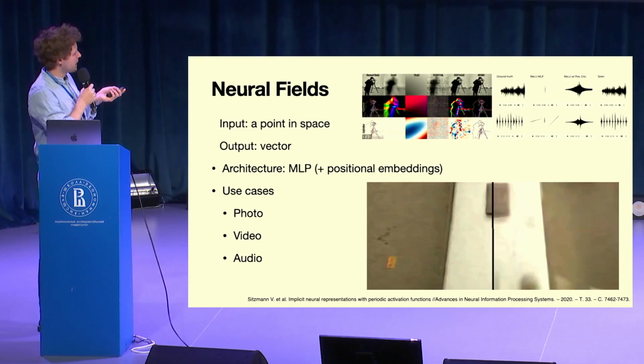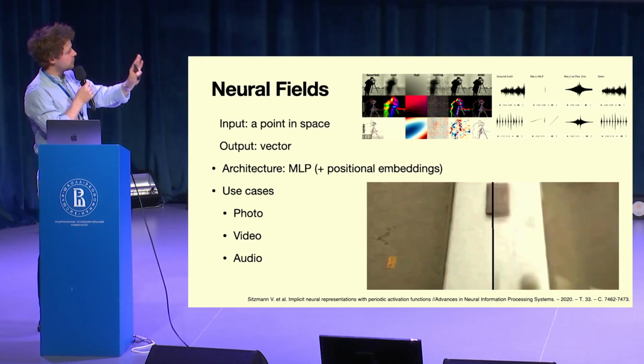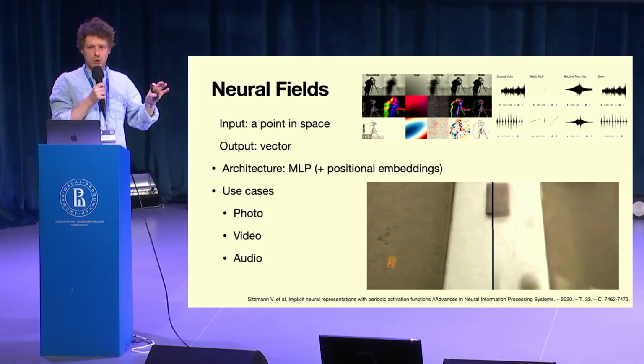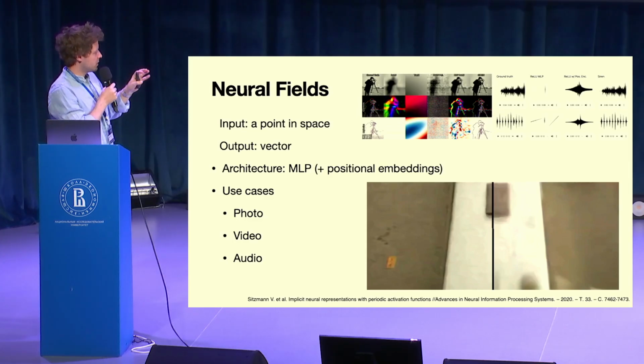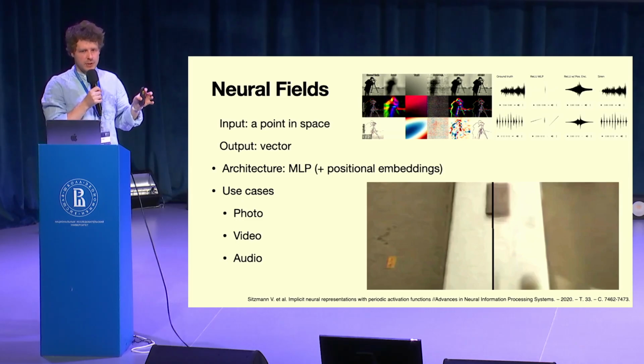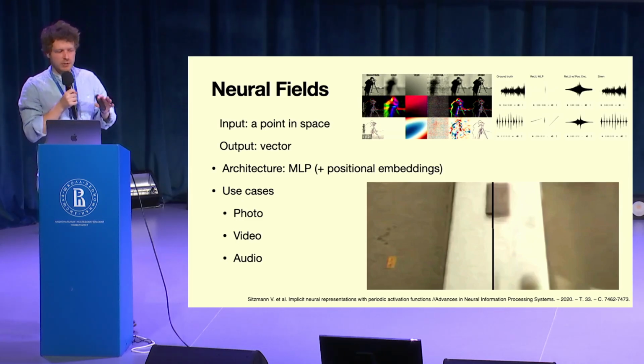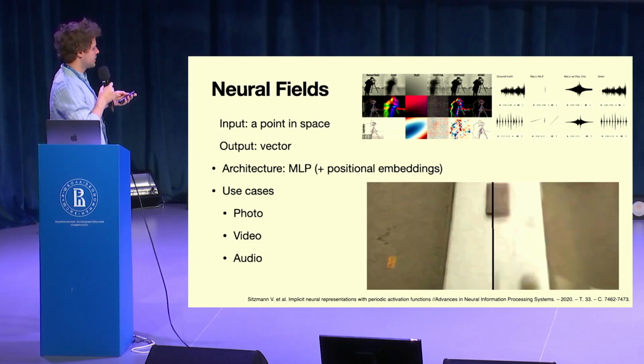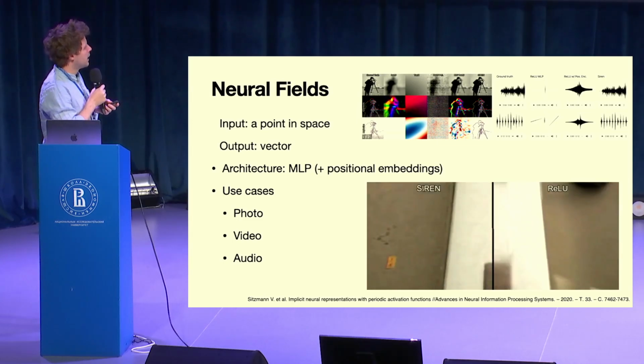Let's look at the video. So in this video, the right part is a video reconstructed with a ReLU network, and the left part of the video is a video which is reconstructed by a similar architecture, a multi-layer perceptron, but this time it has a different kind of activations. Let's look at the video.